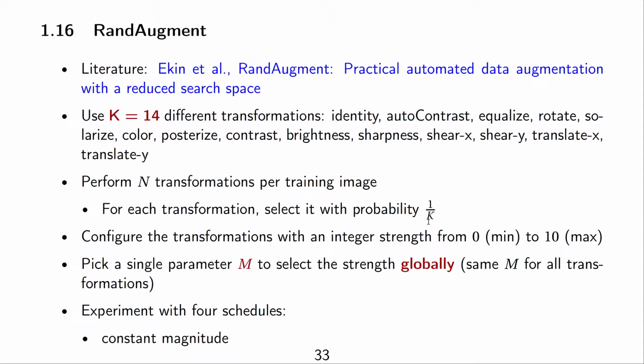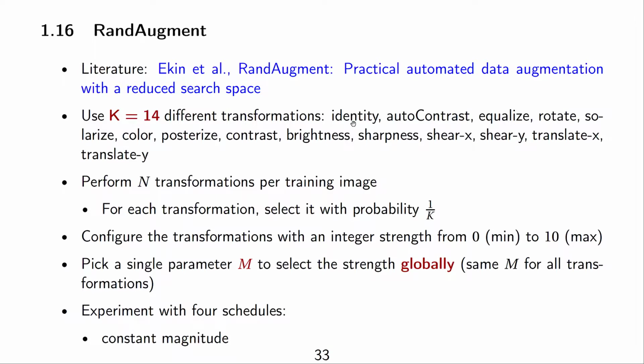This is different from before, where there was a list of transformations and each had an individual selection probability. Here, when we say we perform n transformations, there really will always be n selected, unless you pick the identity with probability 1 divided by k. Then for this one transformation, nothing will happen.